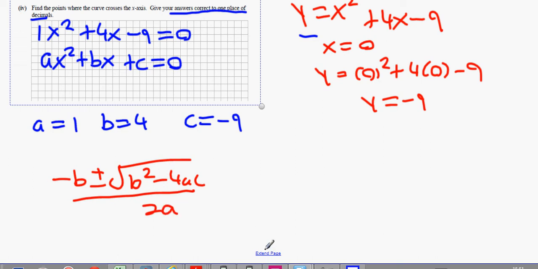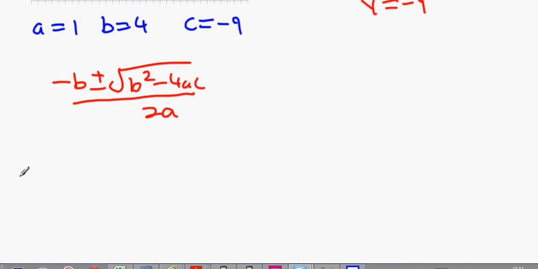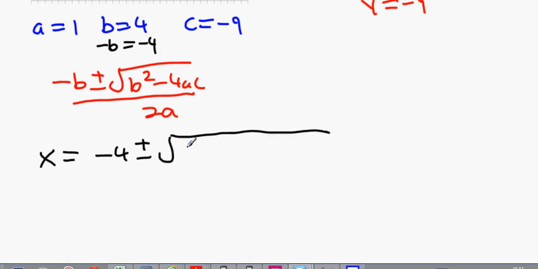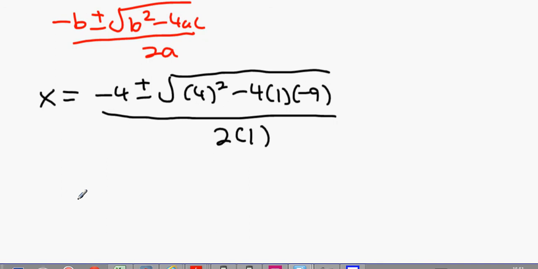So what we're going to do next is we're going to get x equals minus 4 plus or minus, because if b is 4, minus b has to be minus 4, into the square root of b squared, which is 4 squared, minus 4 times 1 times minus 9, all over 2 times 1. Okay, and what we get here is going to be minus 4 plus or minus the square root of.